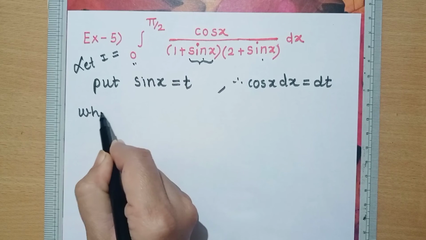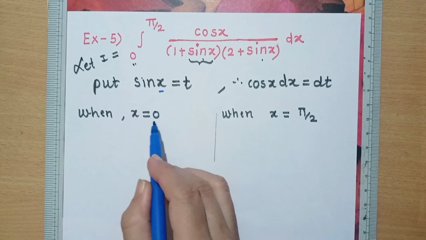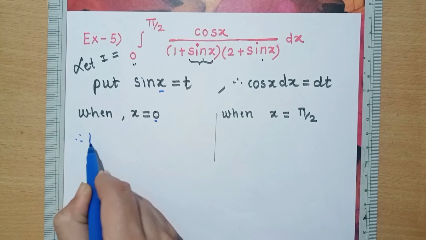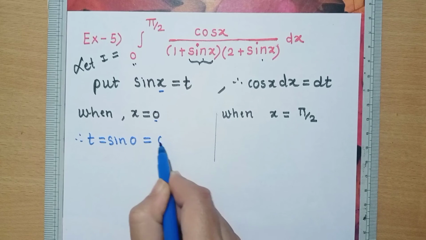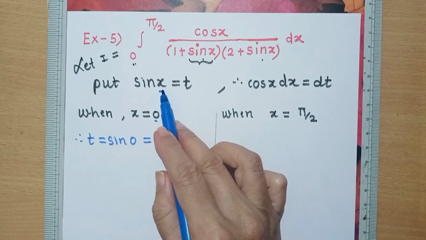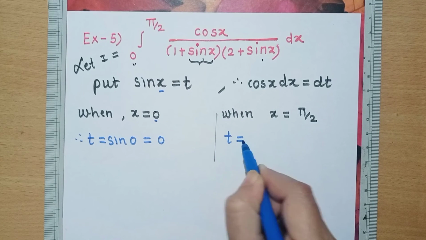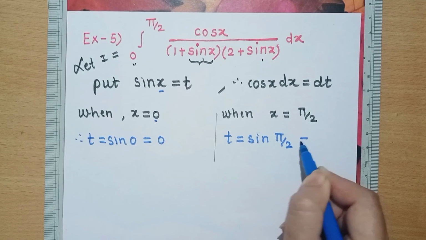When x equal to 0, we will substitute here x equal to 0 and therefore t equal to sine of 0, and sine 0 is 0. Here also we will substitute x equal to pi by 2, and so t equal to sine of pi by 2, and sine 90 is 1.